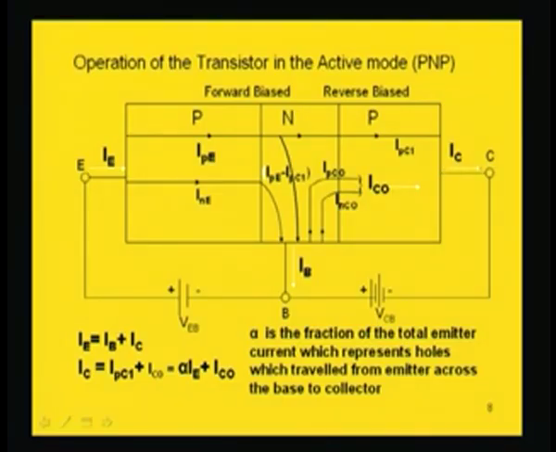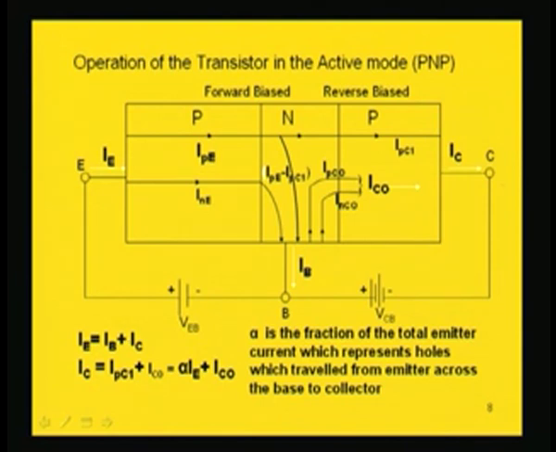That gives IE equal to IB plus IC, because if you look at the direction of current, IE is into the transistor, IB is out of the transistor, and IC, because the direction of IC naught and IPC1 is the same, this summed up IC will be out of this transistor, entering this negative terminal. So IC is outgoing, IB is also outgoing, IE is incoming. So, IE is equal to IB plus IC.